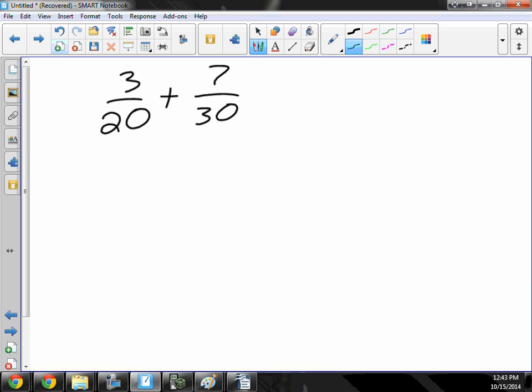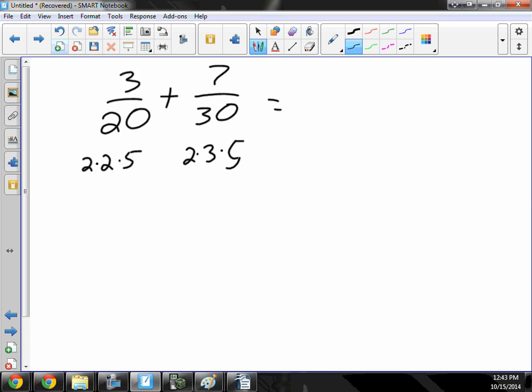So we factor them. What goes into 20? 4 and 5, which breaks down into 2 times 2 times 5. You understand that? Okay. 30 breaks down into 5 and 6, which is 2 times 3 times 5.